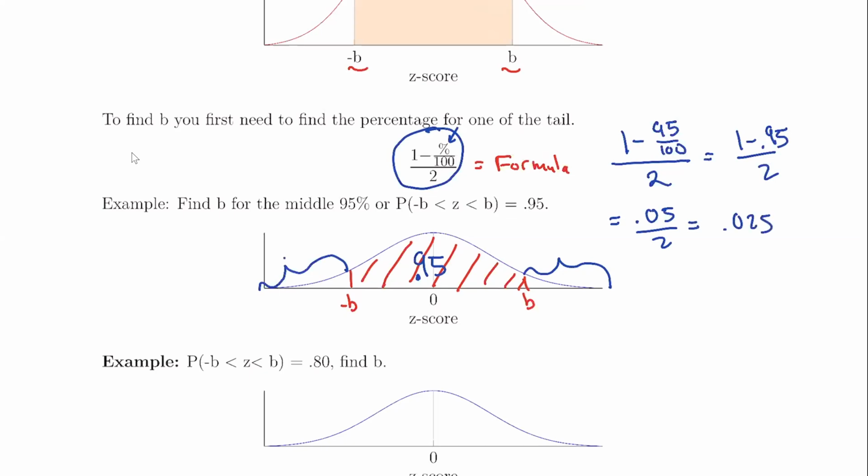So this is 0.025, and this is 0.025. If you look at it, 0.025 plus 0.95 plus 0.025 adds up to 1 now. All right. Everybody good on the 0.025? Where does it come from?